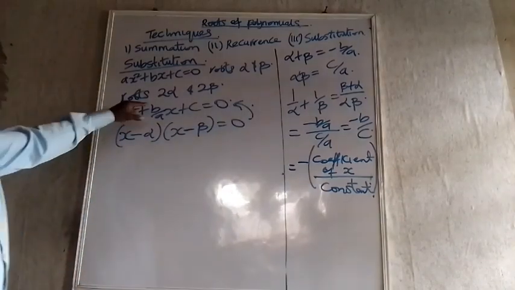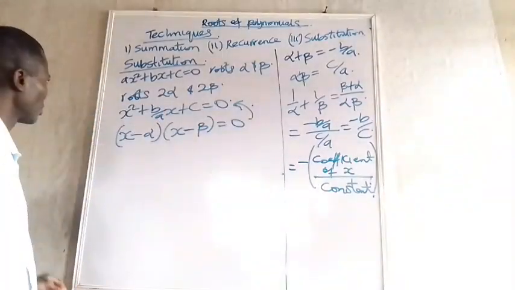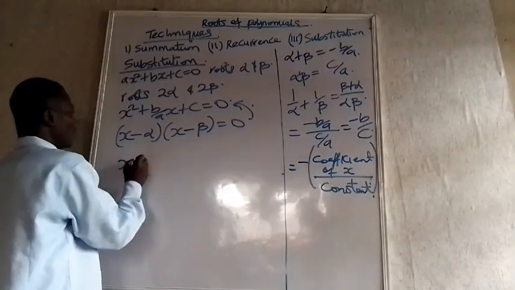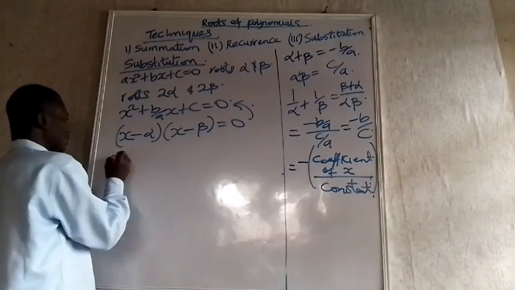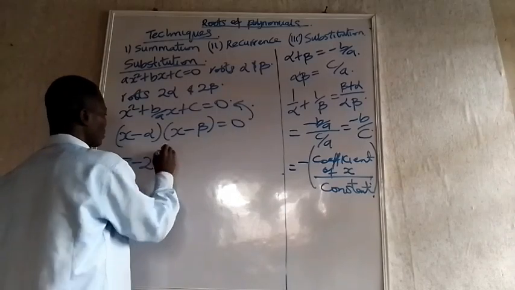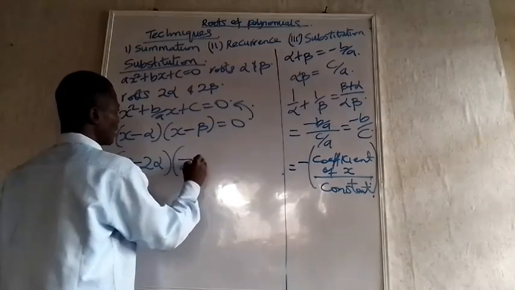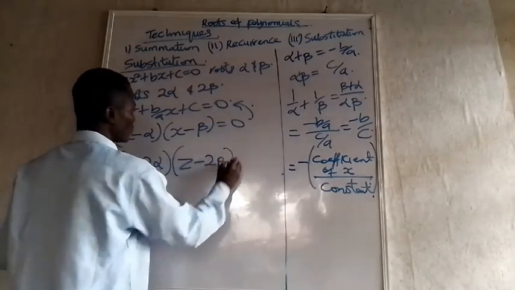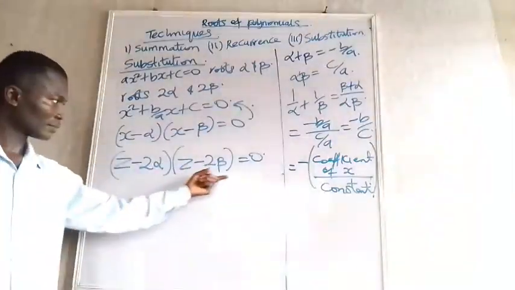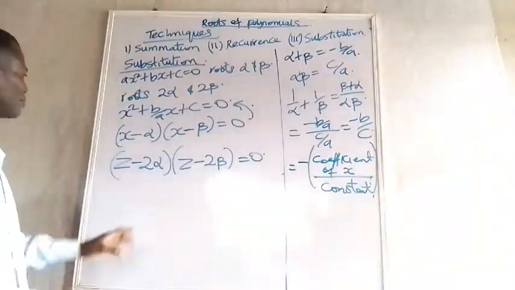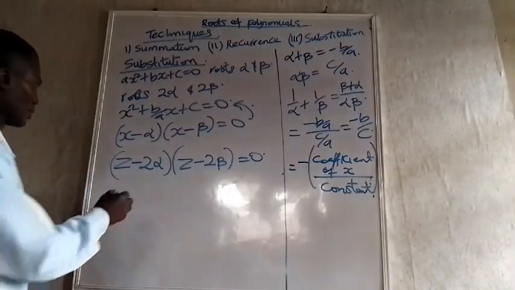Now, what we will need to form this one is x minus 2 alpha. Okay, so let me use z instead: z minus 2 alpha into z minus 2 beta. You see? But we can have it in this way.